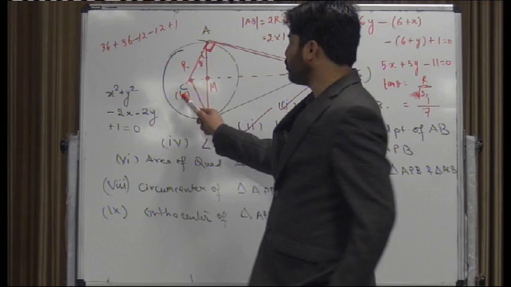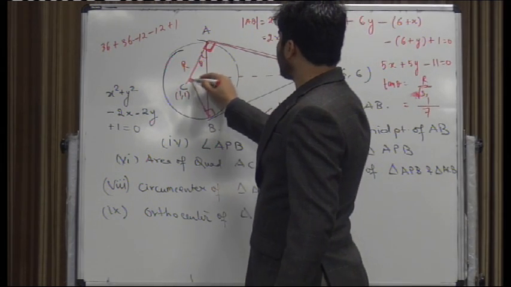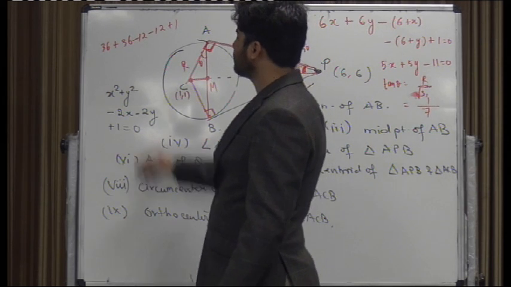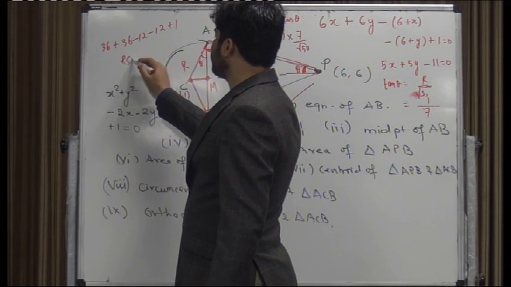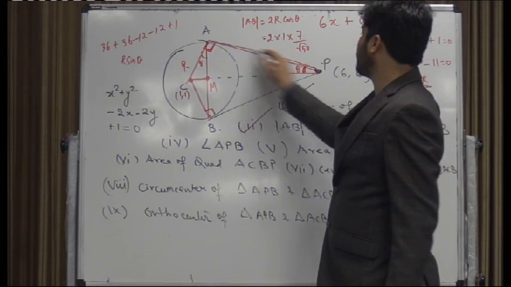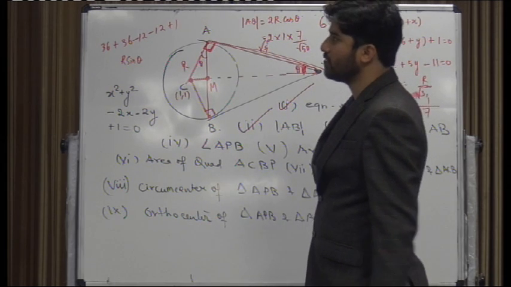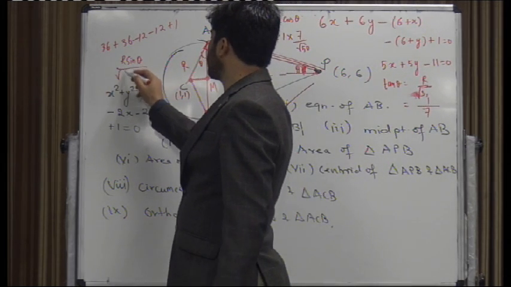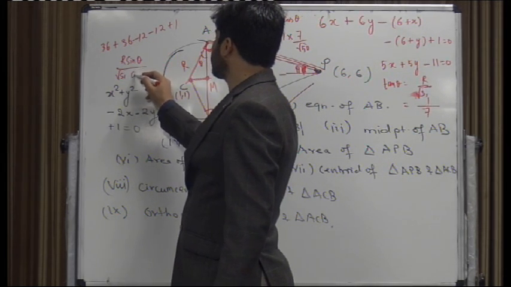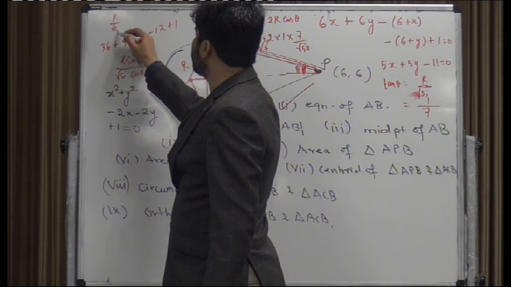See, these 2 points are given, right? Do you know what this length is? This is r sin theta. And what do you know about this? This is root s1 cos theta. Root s1. What happened? r by root s1 is tan theta.